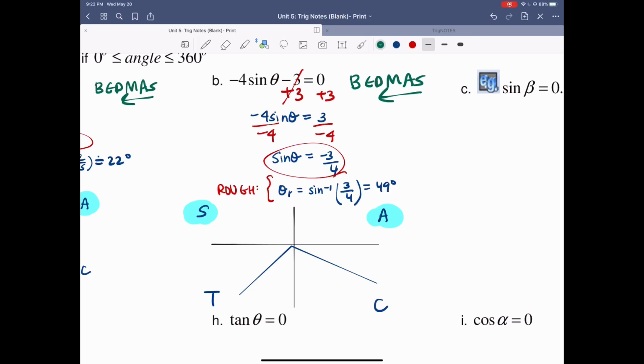And when I draw my related acute angles out, it's going to be right here. So my principal angle is going to be this. My theta 1 is equal to 180 plus 49 degrees, which is equal to 229 degrees. And my theta 2 is equal to, from my initial arm to the terminal arm, 360 minus 49 degrees, which is equal to 311 degrees.